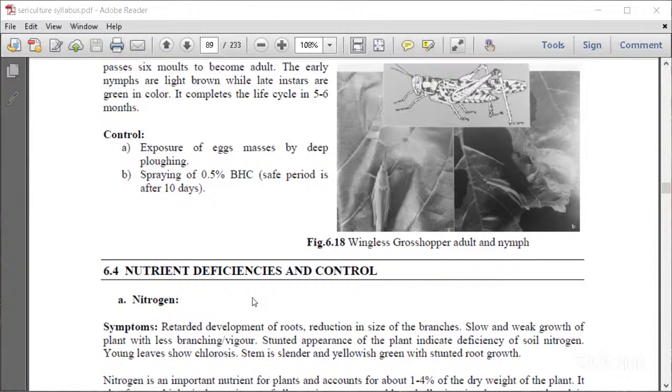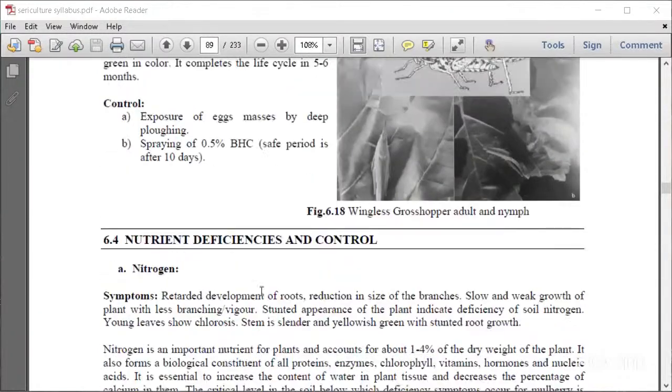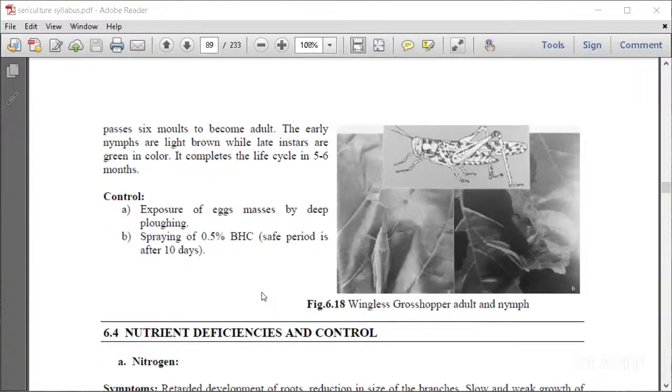The last one is nutritional deficiency and control. What are the nutrients and how to control the deficiency? Here, after all these infections, we are discussing the nutrient deficiencies and control. What are nutrients?